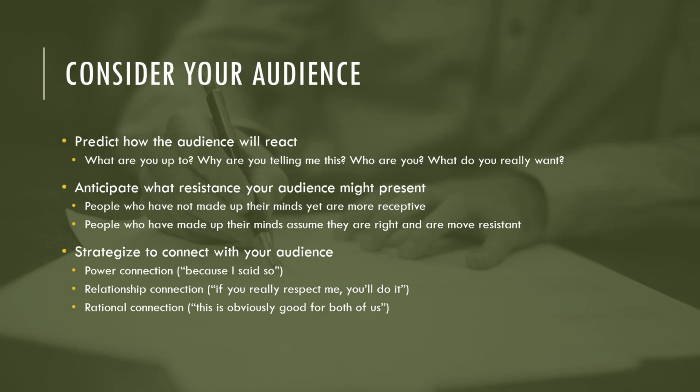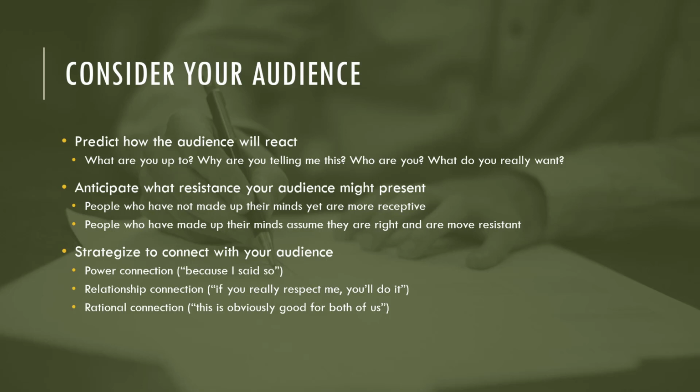Put yourself in that person's shoes and think about the things they might ask you or might think about you. Some of the things that your audience might be thinking when they read your paper is, what are you up to? Or why are you telling me this? Who are you? And what do you really want?